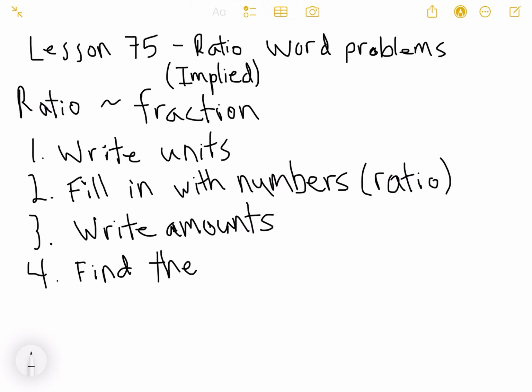Because if I have a flour to sugar ratio and I know I only have 3 cups of flour, I can only make that much of my recipe. And the multiplier and answer. This pen gave me a little trouble. Okay, so anyway, find the answers.